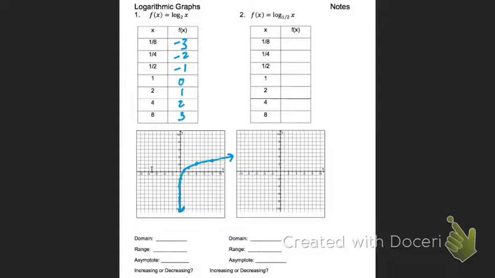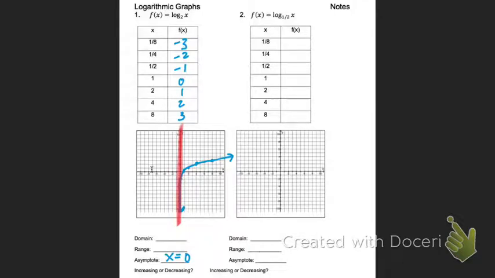Now in the last part of the section, we had horizontal asymptotes. What is a wild guess of what we would have here? Vertical asymptotes. So what is the equation of this line? It's not a y equals, but x equals 0.